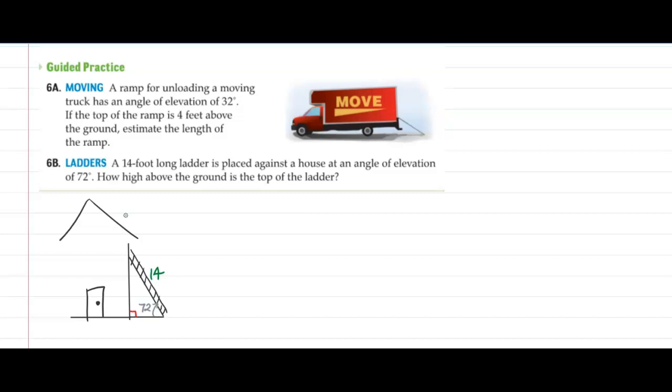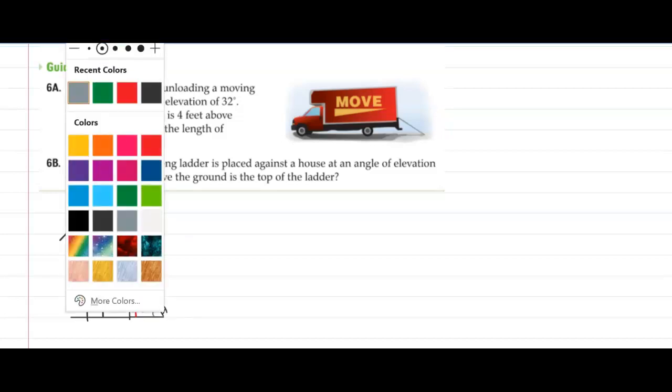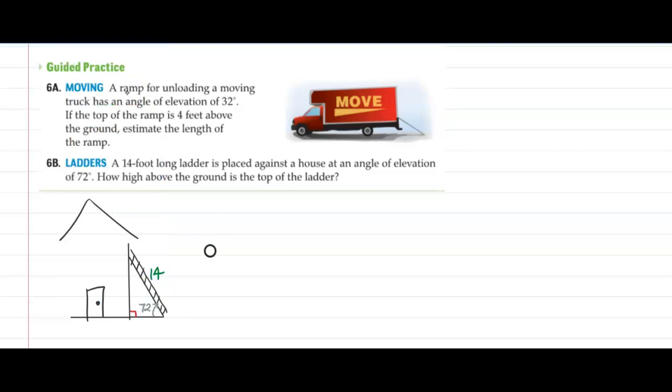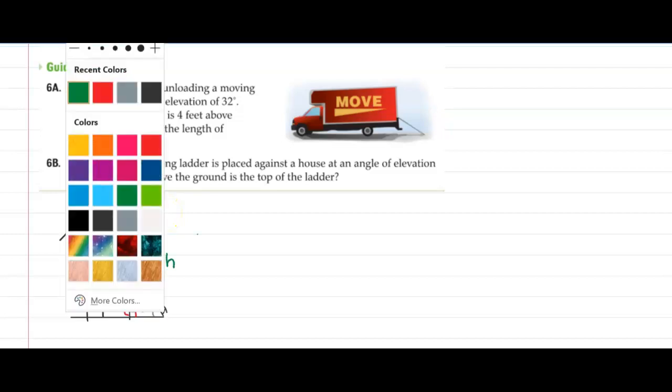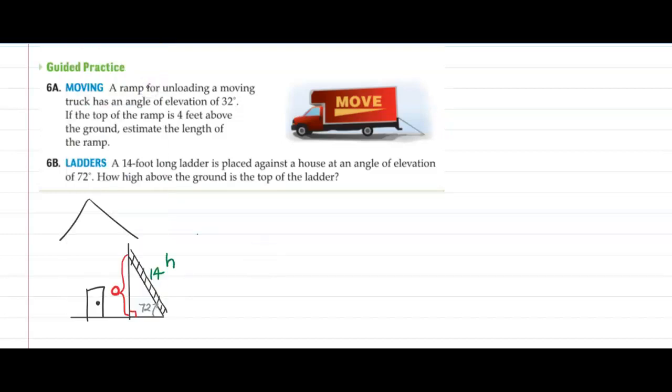How high above the ground is the top of the ladder? We're trying to find this distance, this length right here. That's my opposite. I know my hypotenuse, so I'm using sine again. Again, if you want to use the letter O, you can.